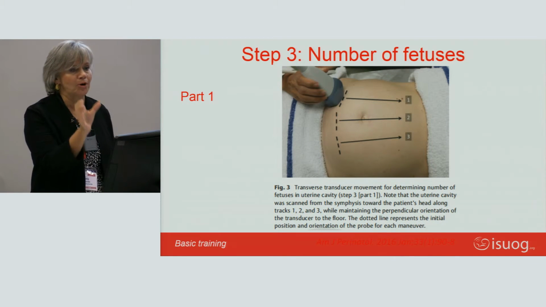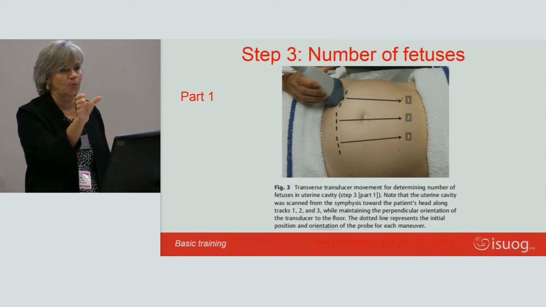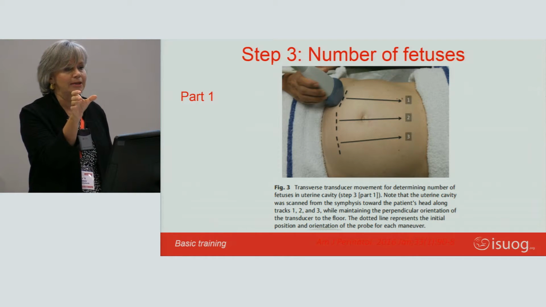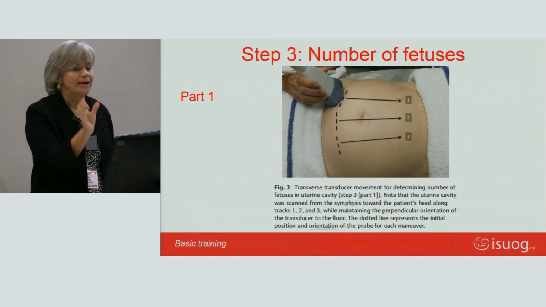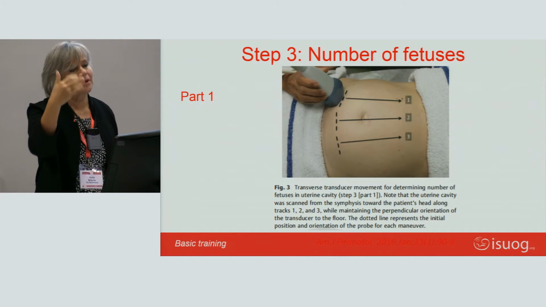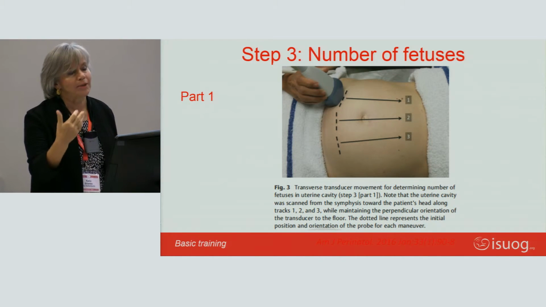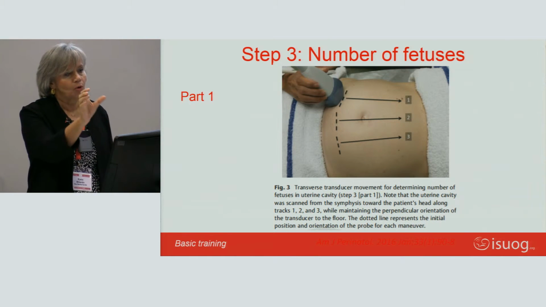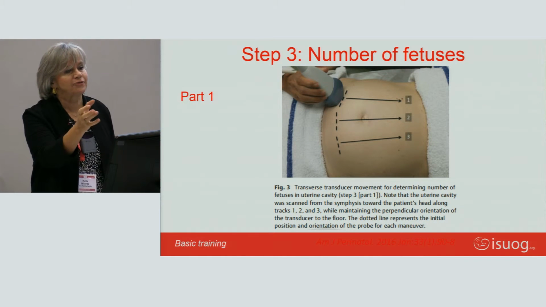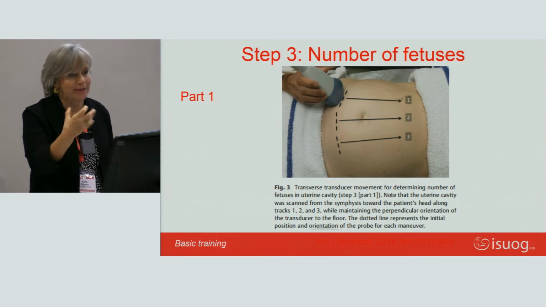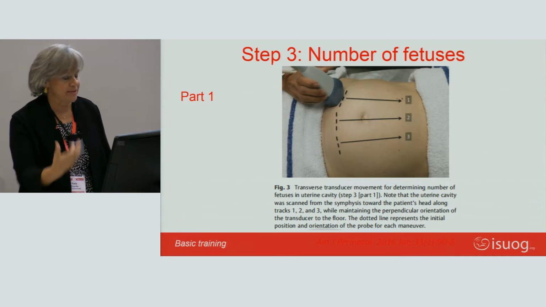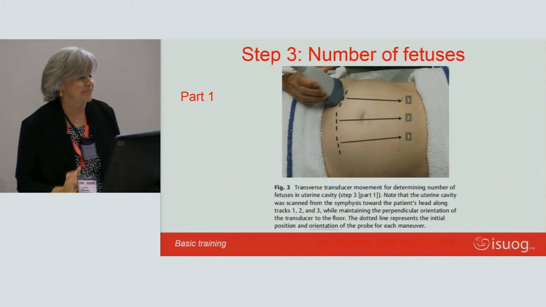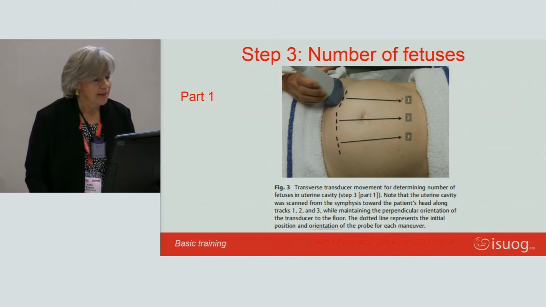So always keep your probe exactly perpendicular to the floor, and only when you are more advanced and more capable of interpreting what you're doing can you go ahead with these extra skills.